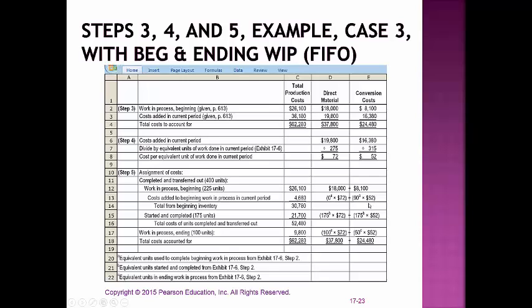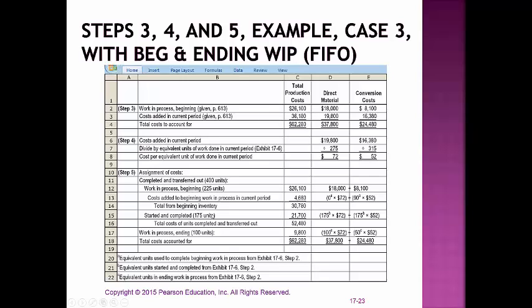So 0 would be here, 4,680 would be here. Therefore, the total amount assigned to those would be 26,100 plus 4,680, so 30,780 is being assigned to those 225 units from beginning inventory that were converted the rest of the way.